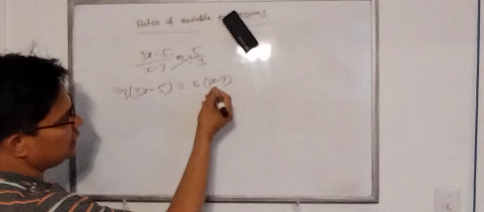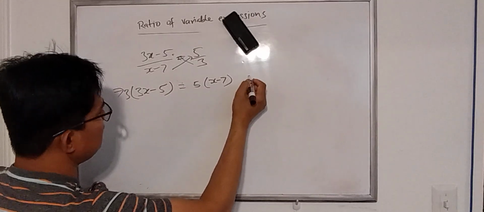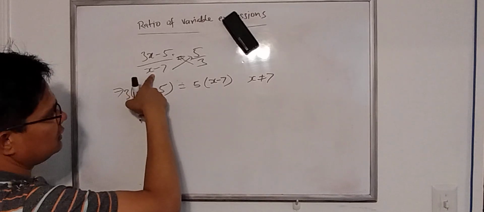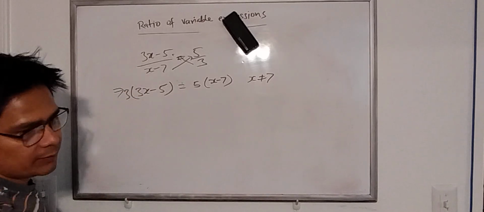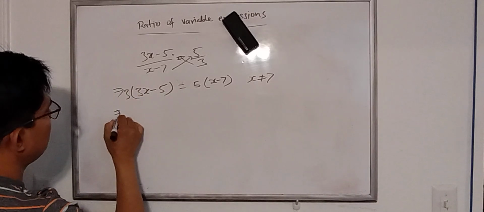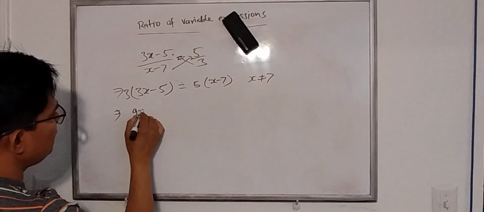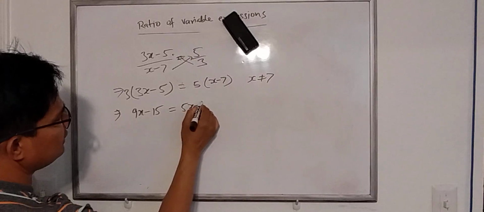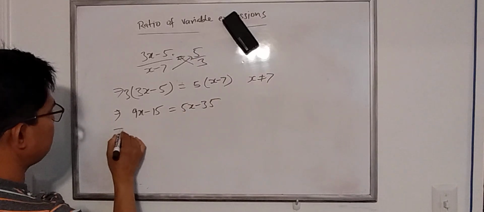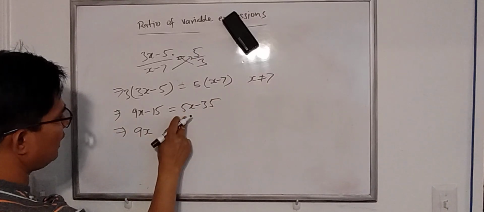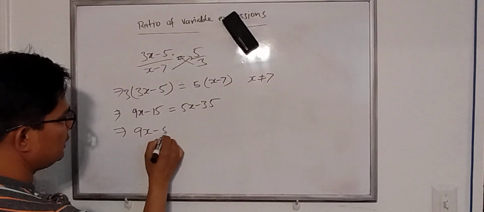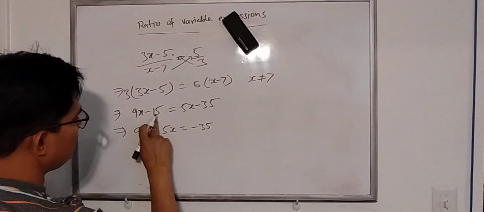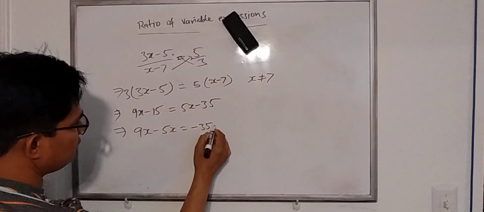As we discussed earlier, x should not be equal to 7, because when x is equal to 7, this will become a divide by 0 problem. So 9x minus 15 is equal to 5x minus 35, and then this will become 9x, and you bring 5x to the left hand side, so you have to change the sign. Similarly here, minus 35, you are bringing 15 to the right side, so you have to change the sign.